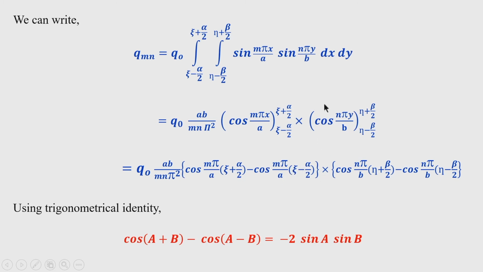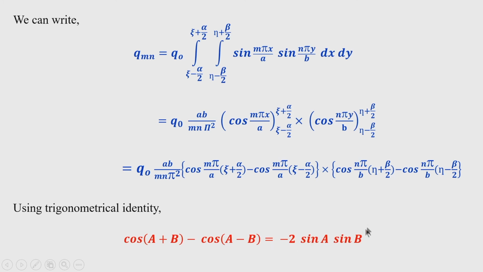Similarly, for integration with respect to y, the result will be cos n pi by b into (eta plus beta by 2) minus cos n pi by b into (eta minus beta by 2), and the coefficients are known quantities: q naught is known, a and b are known, m and n are integers, and pi is also known. So, using the well known trigonometric identity cos(A plus B) minus cos(A minus B) equals minus 2 sin A sin B, these two functions can be taken as cos(A plus B) and cos(A minus B).